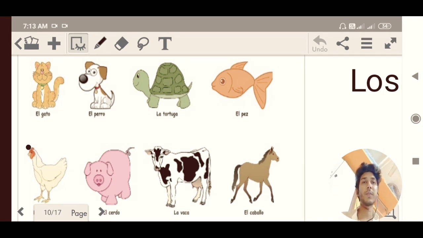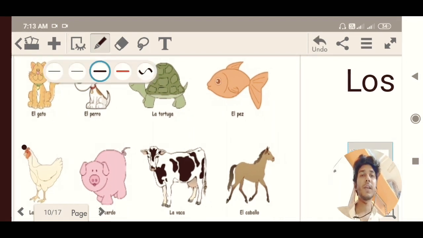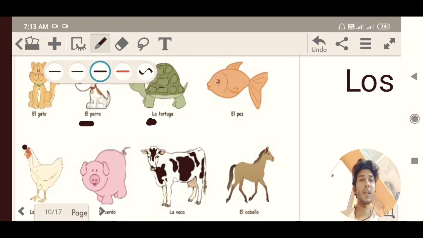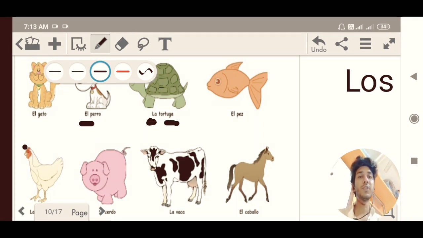When we have la in front of any word, la denotes the feminine form of a word, and el denotes the masculine form. Another hint you will get is that you will be able to find out whether a word is masculine or feminine by looking at the end of each word.